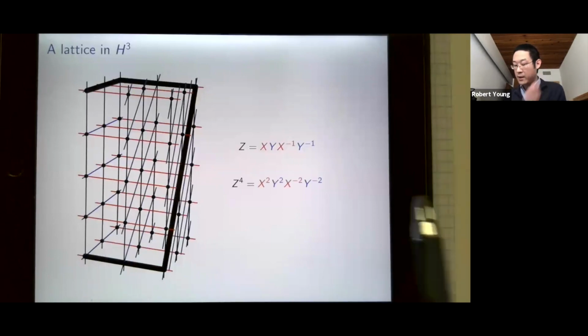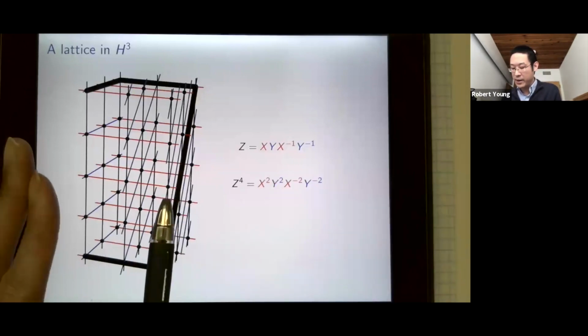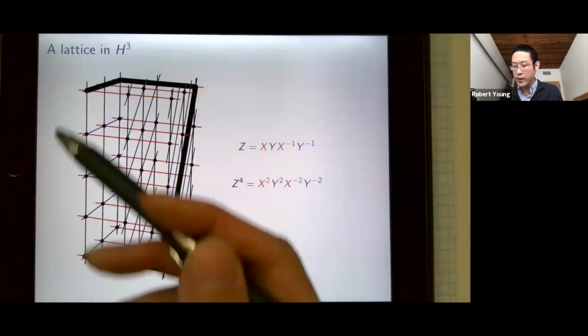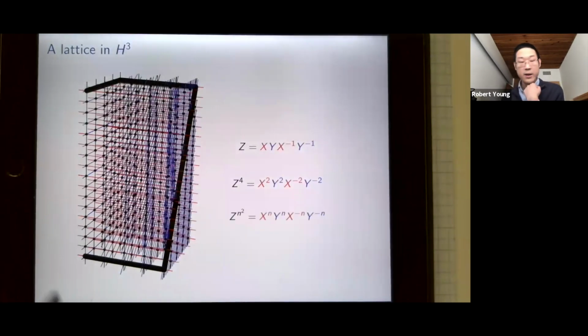If I do the same thing again, if I scale the x coordinate by 2 and the y coordinate by 2 and the z coordinate by 4, I get this picture here. And more generally, if I multiply the x coordinate by n, the y coordinate by n, and the z coordinate by n squared, that's an automorphism of the group, which corresponds to a sort of scaling of the graph. So that's one way these affect the geometry.